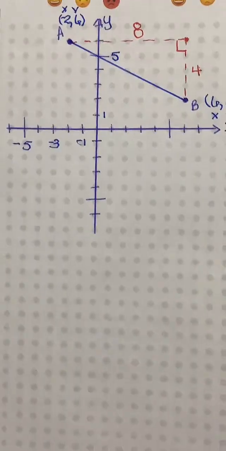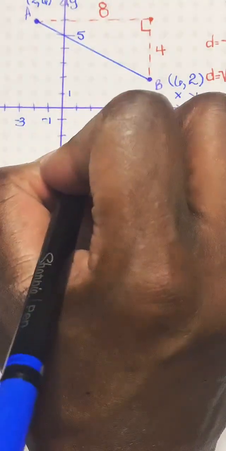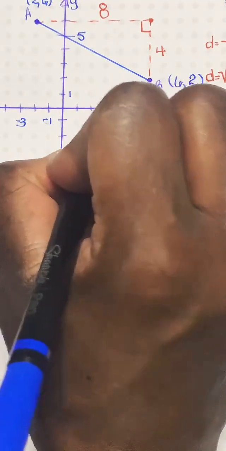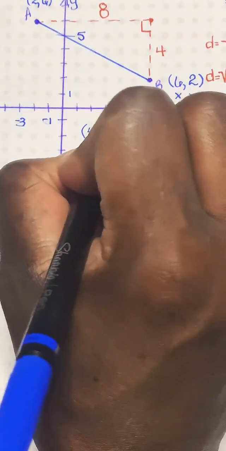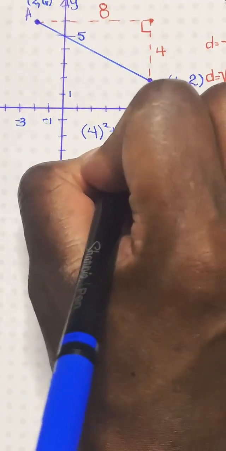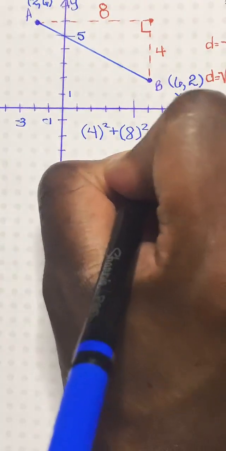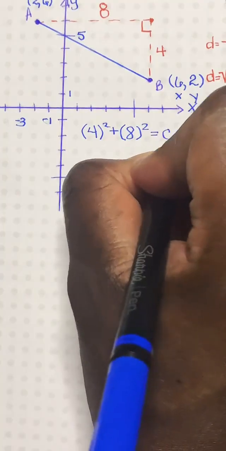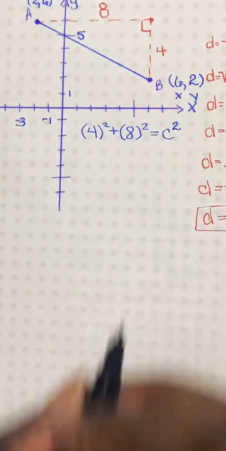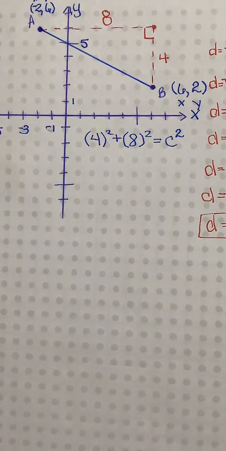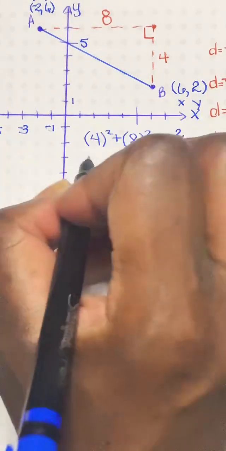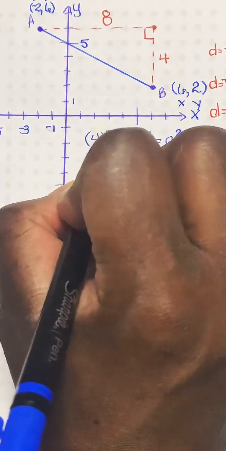So I'm going to come a little bit down about here. And I'm going to say, all right, let's say my 4 is my a, so a squared, plus my b squared will be my 8 squared, and it's going to equal my unknown, so that'll be my c squared. 4 squared is 4 times 4, which gives me 16.